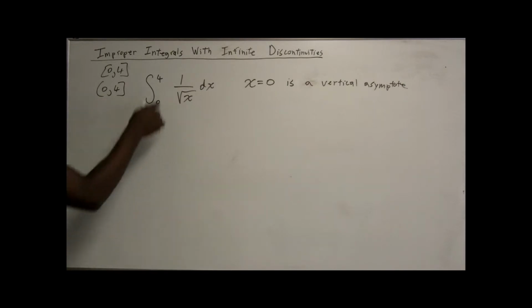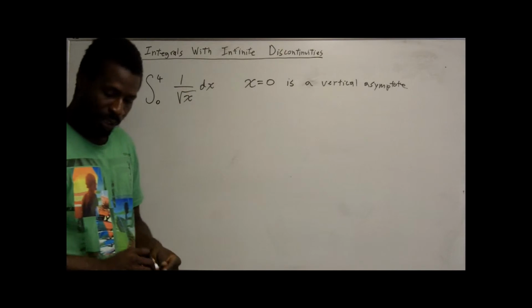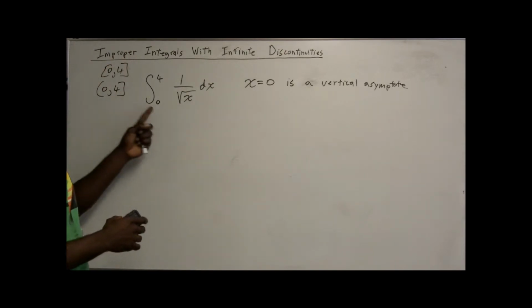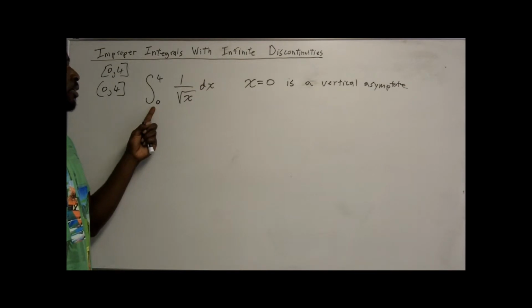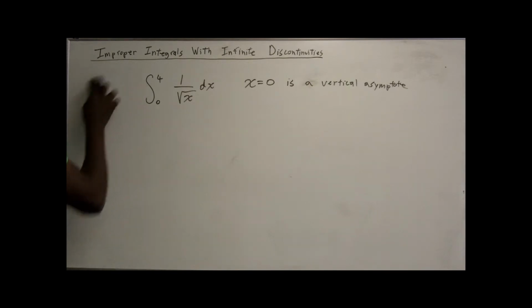So this is an improper integral, because it should be continuous on the entire closed interval, but it's only continuous on this half-open interval. In this case, the vertical asymptote is on the left side of this interval, so we're going to use that second definition.